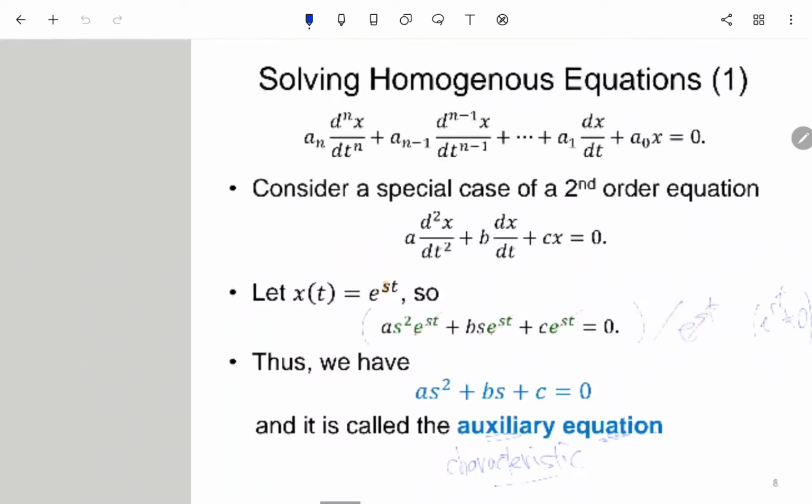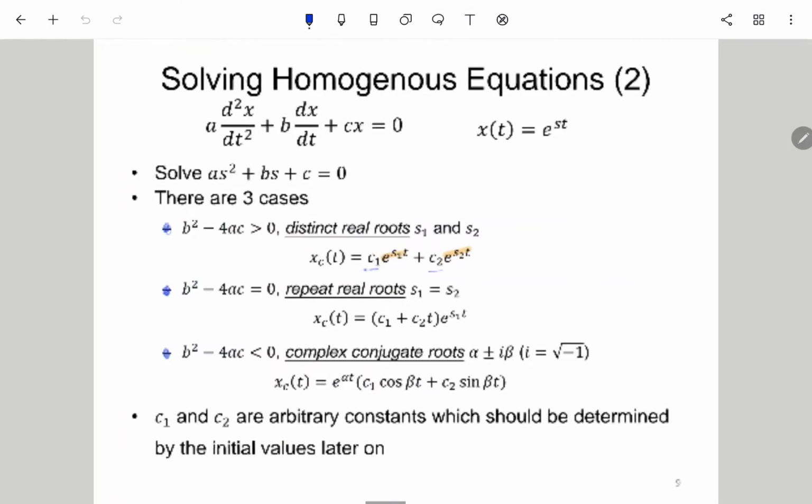That's why, since this one is a solution and this one is a solution, we multiply them by two different constants and add them together, and this big thing is also a solution to this homogeneous equation. So this is the first case, which I suppose is the easiest to understand or to remember.